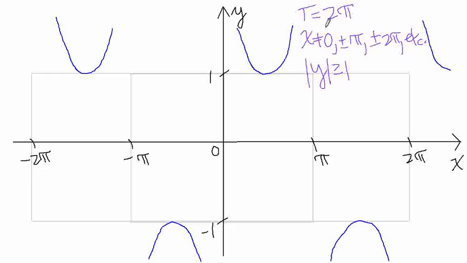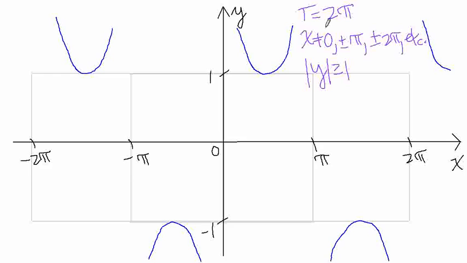Okay? Now, if you look carefully at the secant and cosecant function graphs, you'll notice that any one of them can be interpreted as the other one with respect to a horizontal shift.